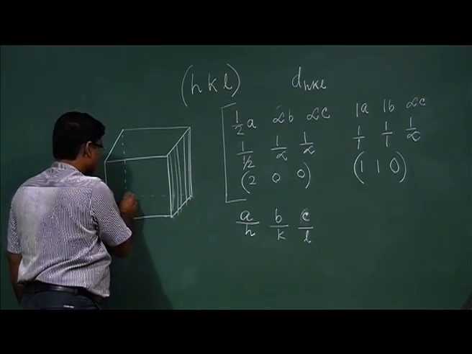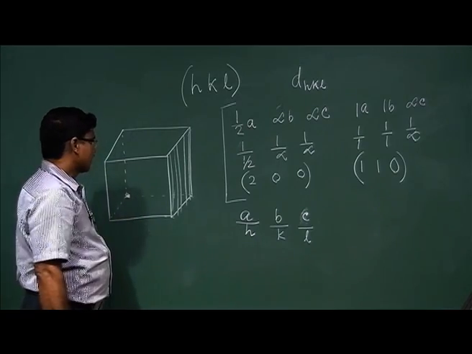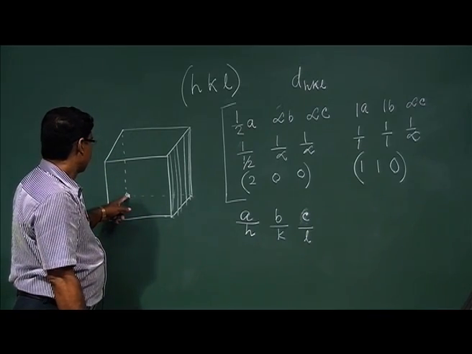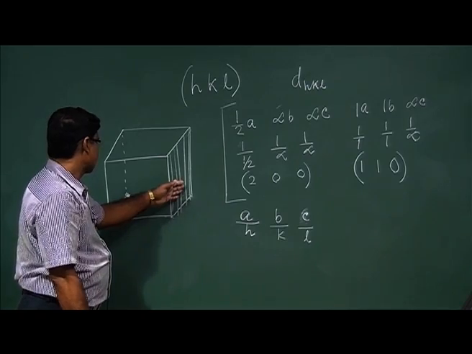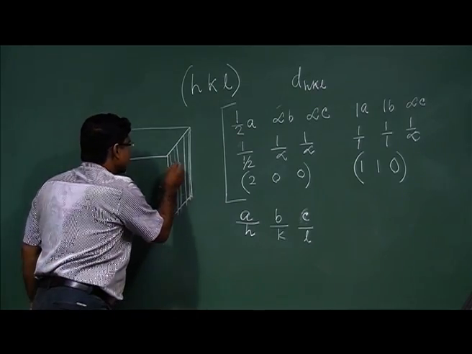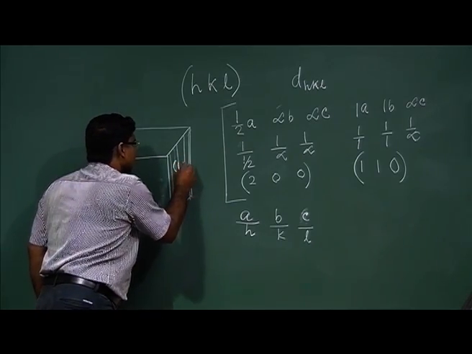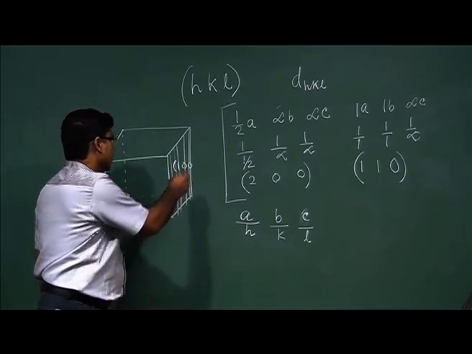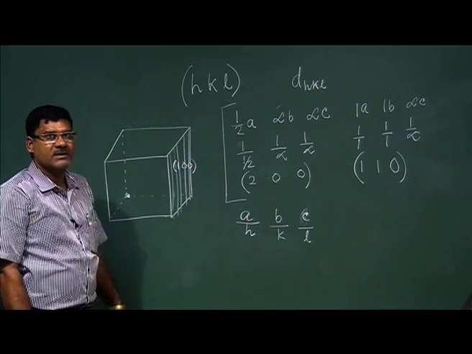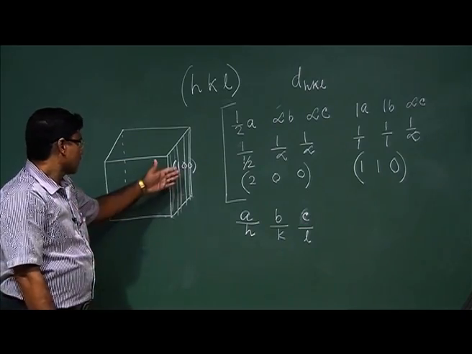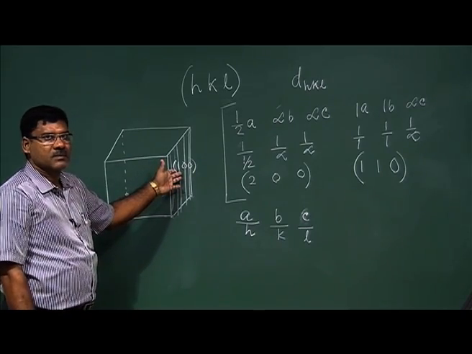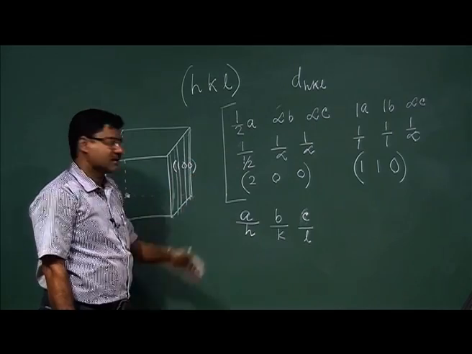If I take this as the origin, and I say this is the 1 0 0 plane, where will it intersect on the axis?